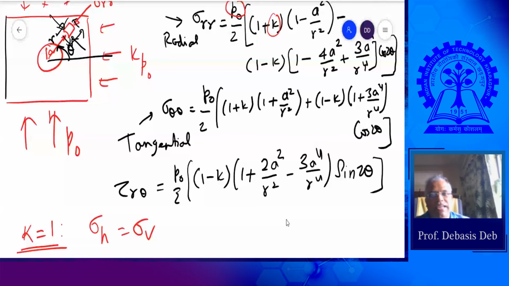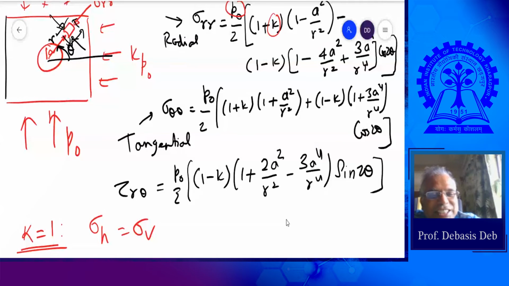That means at that point, wherever you want to construct that tunnel, the stresses in all directions are the same. In which condition does it happen? Hydrostatic condition, correct.